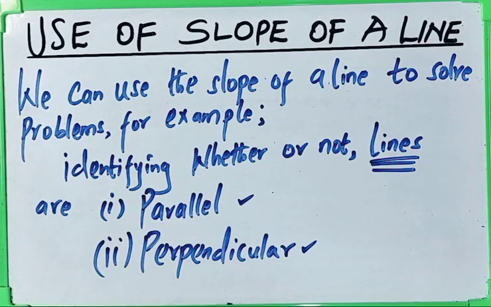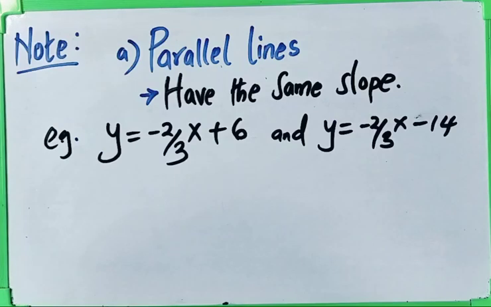Then I need to give you very short notes on parallel lines and the relationship of their slopes, and also perpendicular lines. Have somewhere to write. Notes: parallel lines have the same slope.